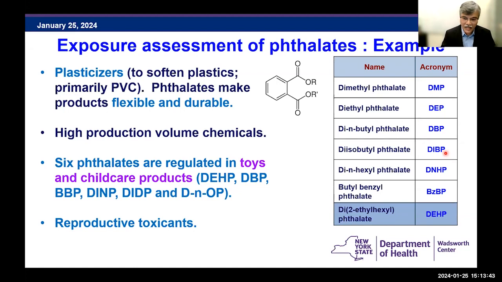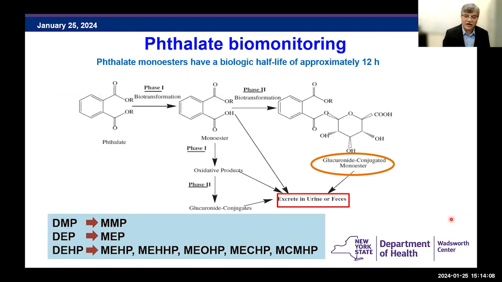Fragrances are one of the important sources of diethyl phthalate. Diethylhexyl phthalate and benzyl butyl phthalate are mostly used in plastics, PVC type of plastics, vinyl flooring. They all contain diethylhexyl phthalate, and sometimes even much higher molecular weight phthalates are widely used in those kinds of plastics. And these are all reproductive toxicants.